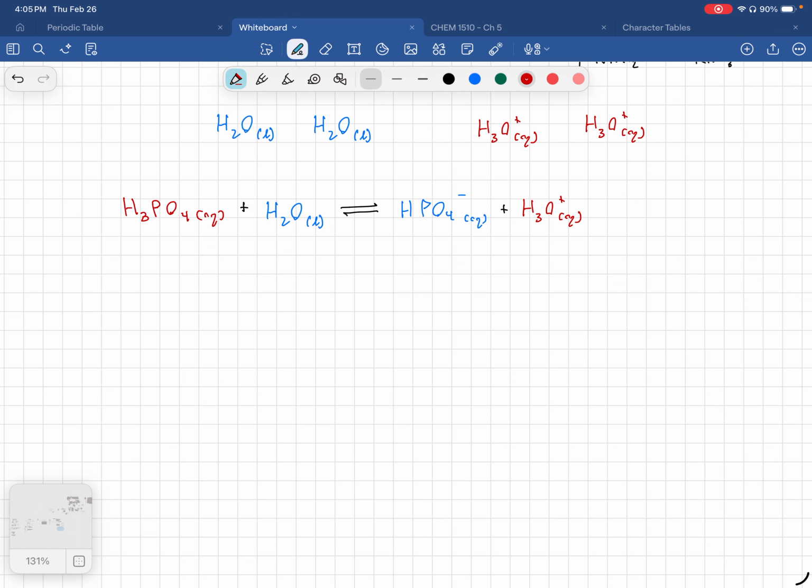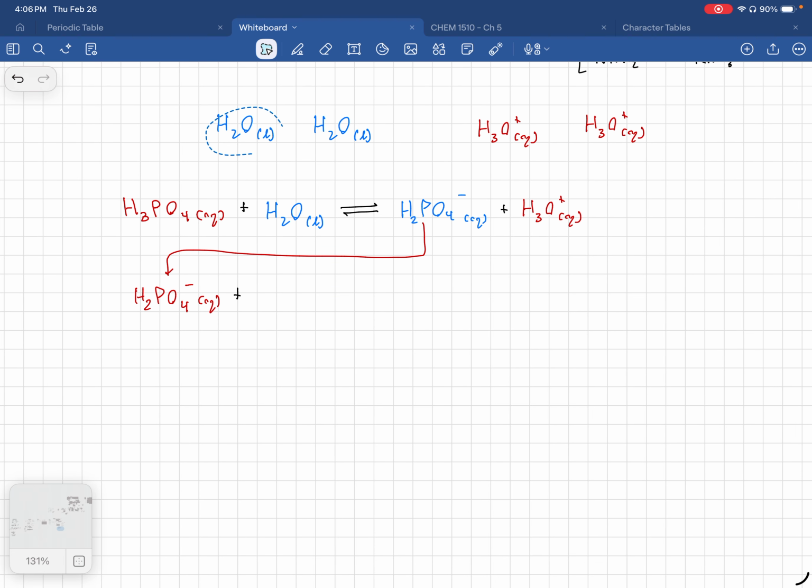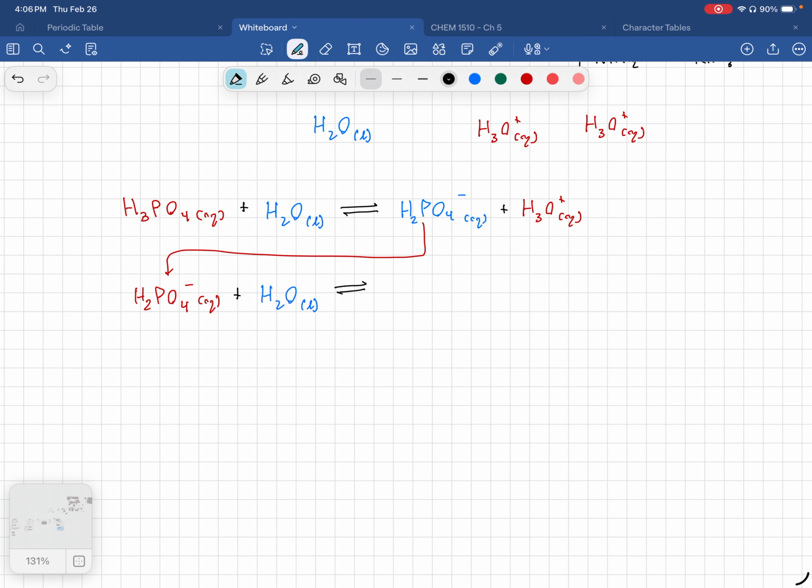Okay. But this should be H2PO4 minus. But that H2PO4 minus, even though we've written it as the conjugate base, in the right environment, it could lose another proton, acting as an acid again with another equivalent of water. So now its conjugate base is HPO4 2 minus.